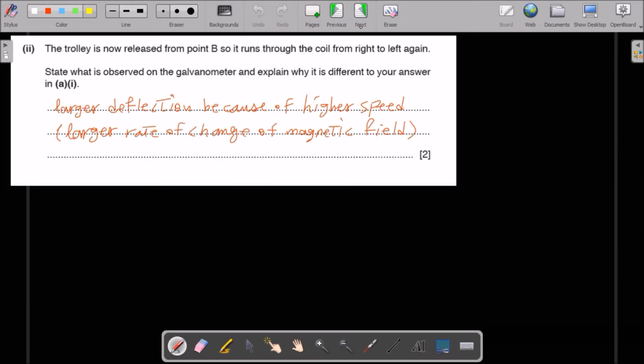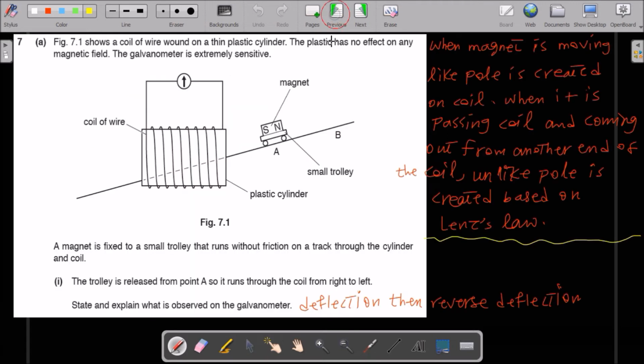The trolley is now released from point B. So it runs through the coil from right to left again. State what is observed on the galvanometer and explain why it is different to your answer in A1. So point B is above point A, so you can see that the potential energy at point B is more.